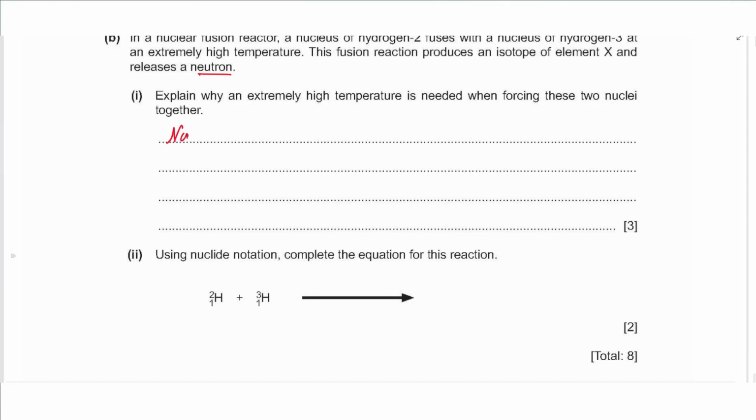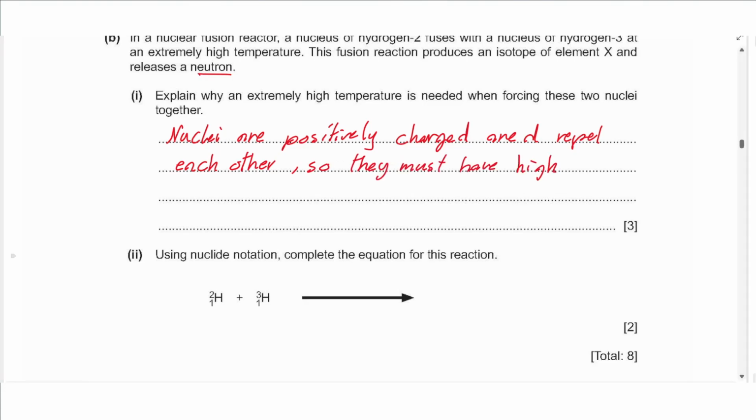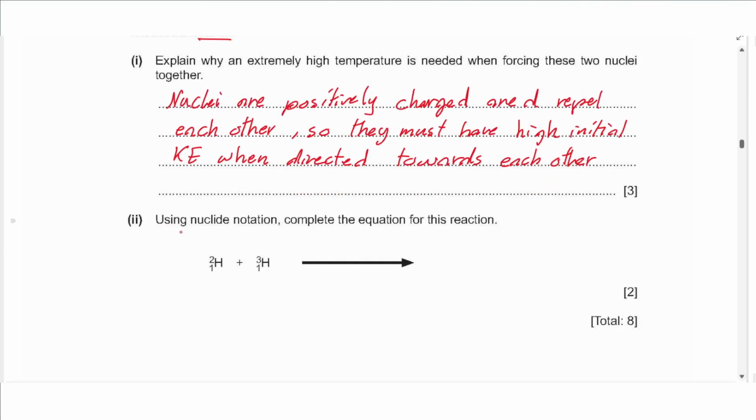Basically because nuclei are positively charged and repel each other, so they must have high initial kinetic energy when directed towards each other, because the repulsion would cause the kinetic energy to decrease as they approach each other until they reach and combine.